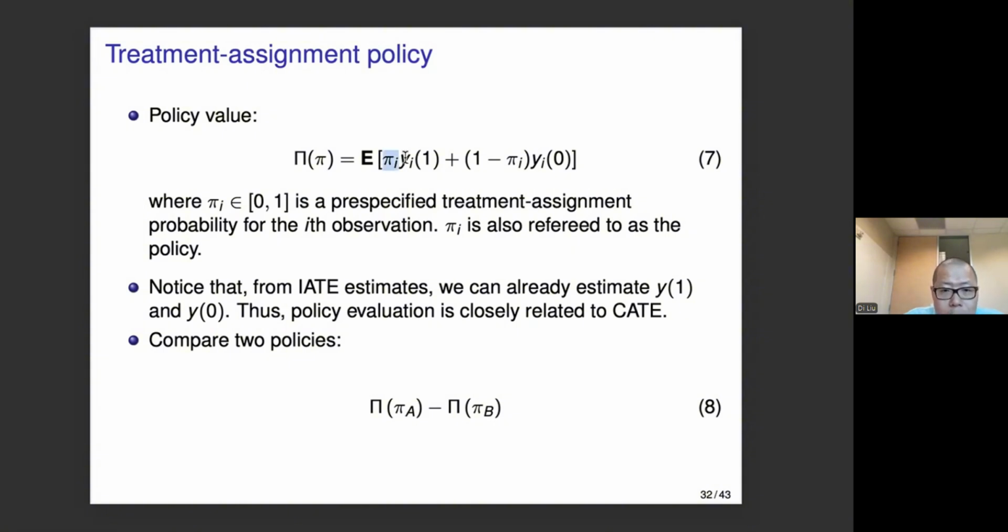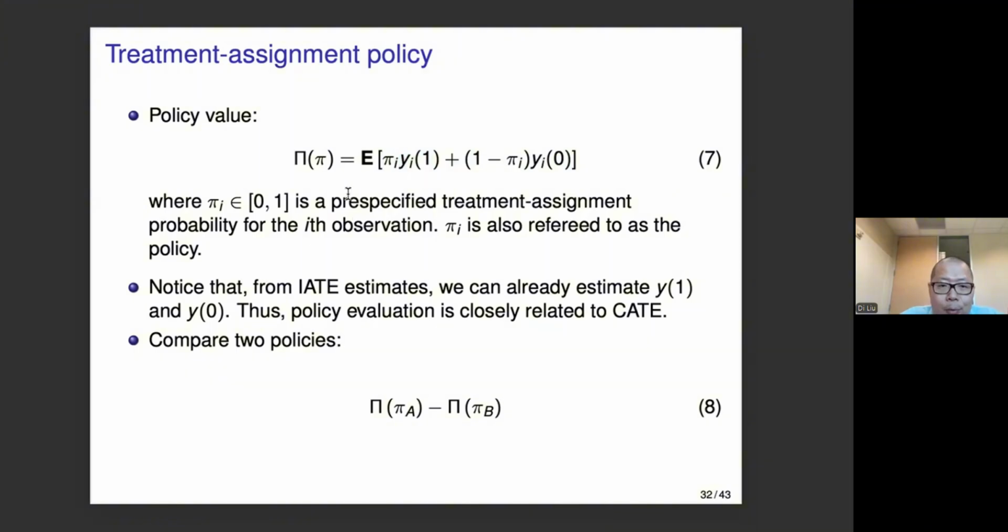So for each observation, we have this weighted outcome, and the weight depends on the pre-specified treatment assignment probabilities. Then you take the expectation over the population of this weighted outcome, and that's the policy value. It turns out that when you estimate the ITE functions, we already estimate these Y_i(1) and Y_i(0). That's why policy evaluation is closely related to the CATE functions.